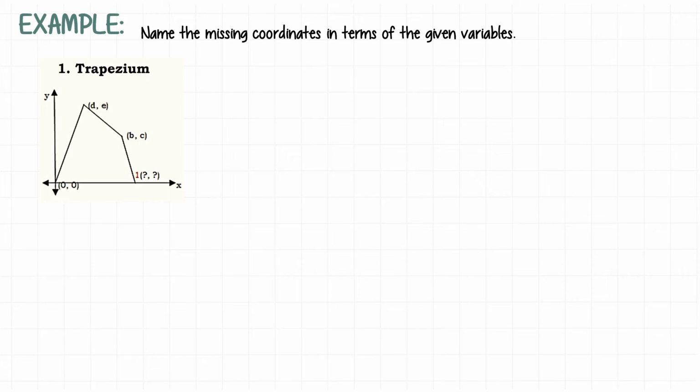Ano ang x niya? Siyempre, walang kapantay, so we'll use e. How about the y component? Okay, 0 lang. Since hindi naman siya tumaas. So, the coordinates of point 1 is at (e, 0). Plus, we're using variables, ha?